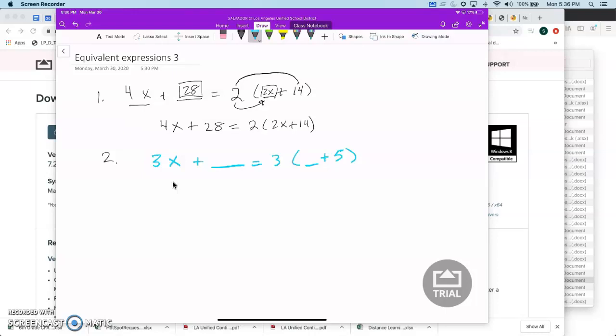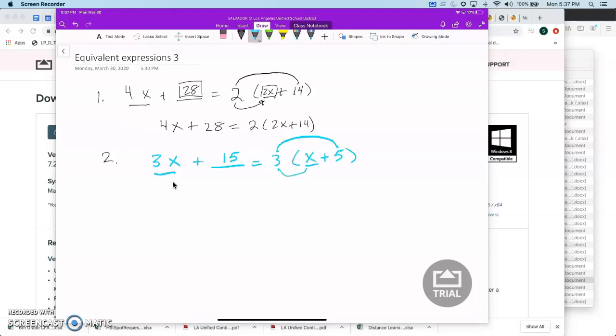Once again, we know that to get this missing value here, we have to multiply 3 times 5. So 3 times 5 is 15. And then to get this value here is 3 times whatever number goes here. What we know is 3x. So the only thing we have to put here is an x.